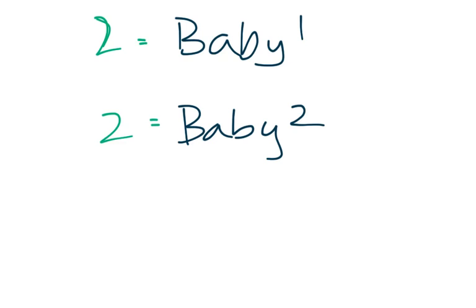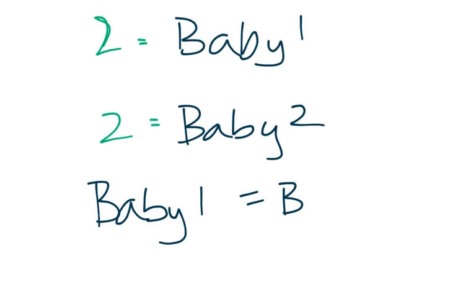And because at every point along the way, they are exactly the same age, you could also conclude that at every point along the way, baby 1's age is also equal to baby 2's age. Right? That makes sense. Because no matter what age they are, they're both exactly the same age.